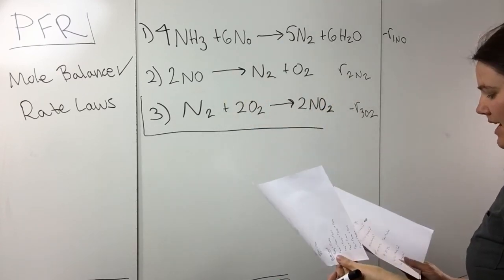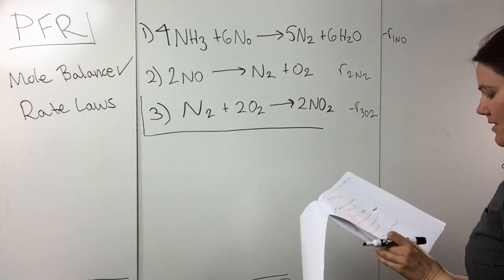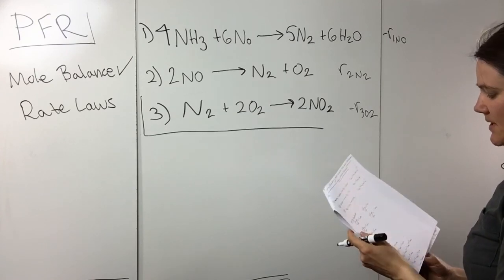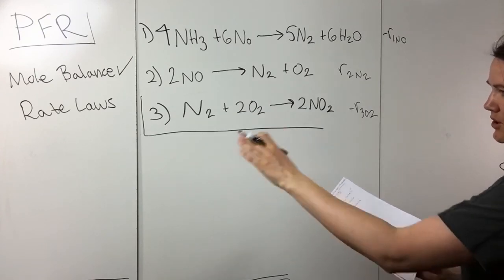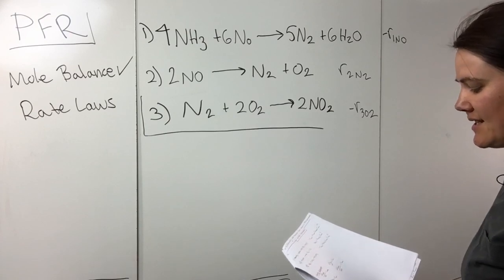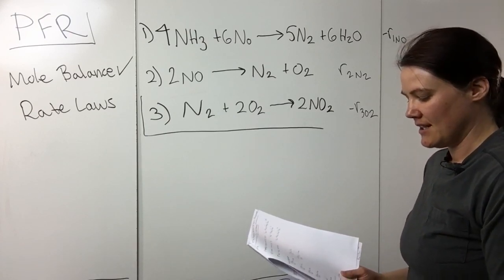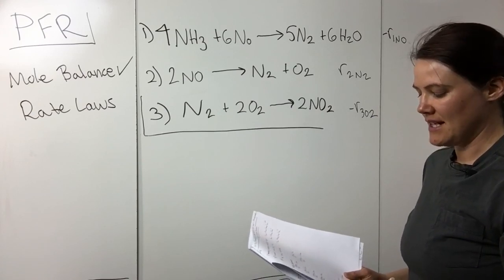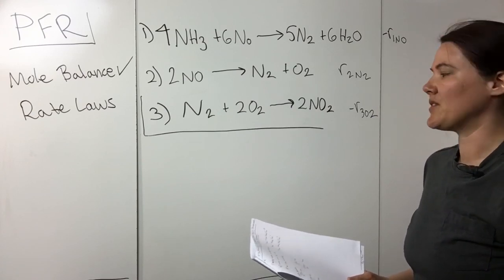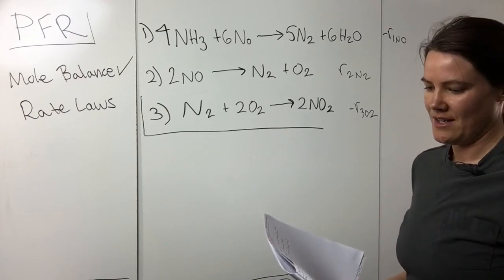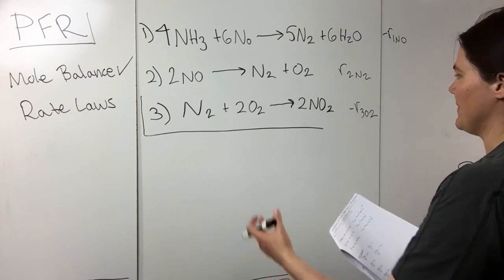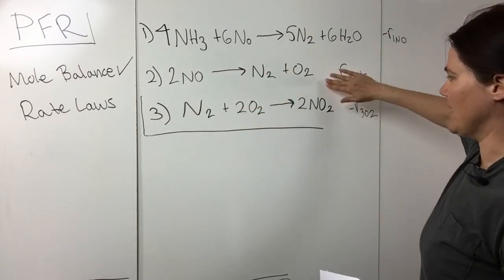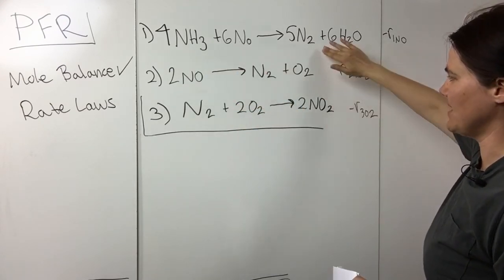So if you remember the mole balances which I erased, you had, say, dFNH3/dV is equal to the rate, so RNH3. You need an RNH3, some people call it R net, that accounts for what's happening with NH3 in all of these equations.